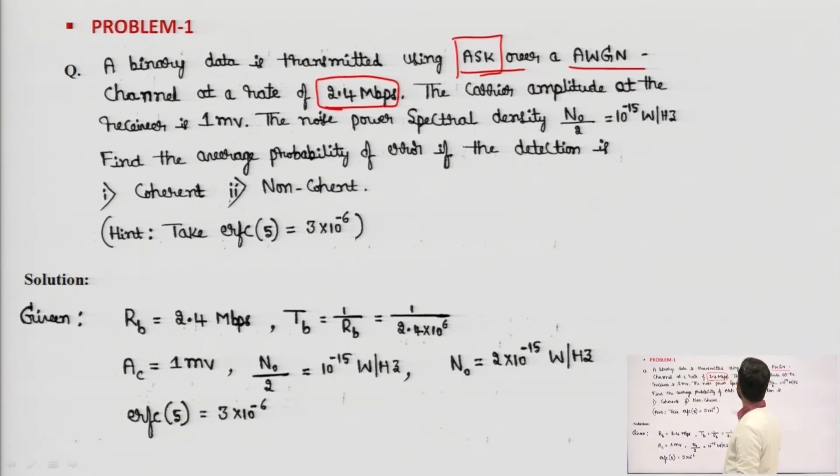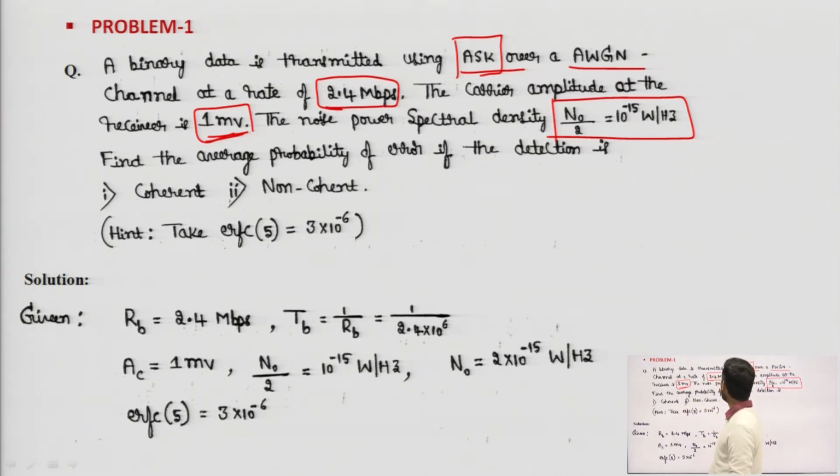The carrier amplitude at the receiver is 1 millivolt. The noise power spectral density N naught divided by 2 equals 10 to the minus 15 watts per hertz. Find the average probability of error if the detection is coherent and if the detection is non-coherent.